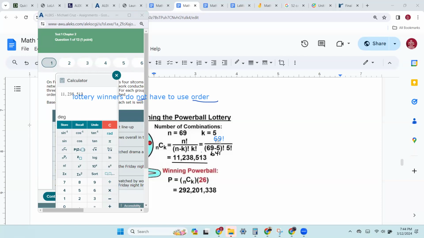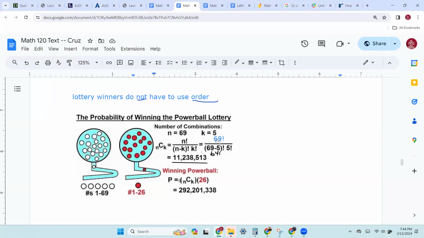Okay, now we're not just doing the regular old lottery. If we were just playing the state lottery in this scenario, there would be 11,238,513 ways to pick 5 numbers.